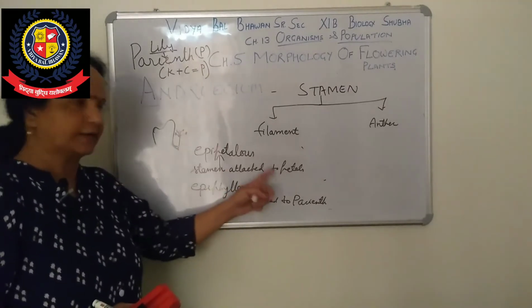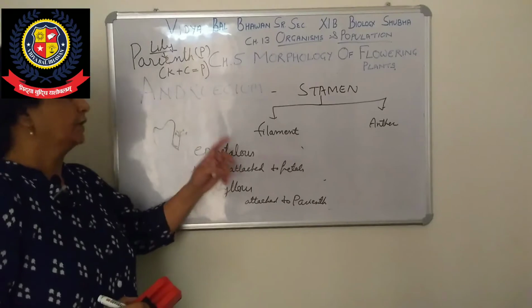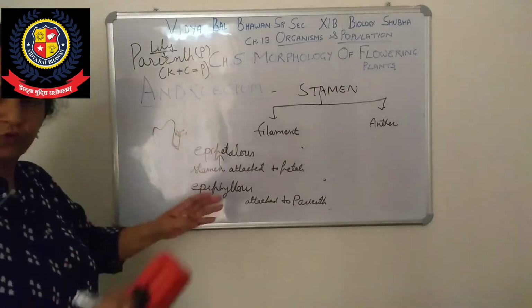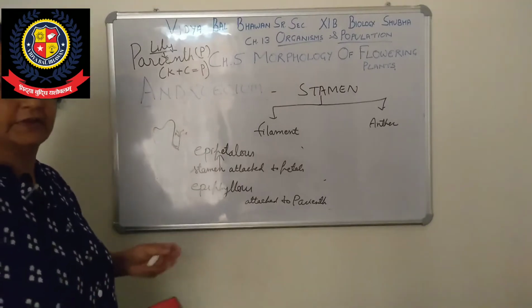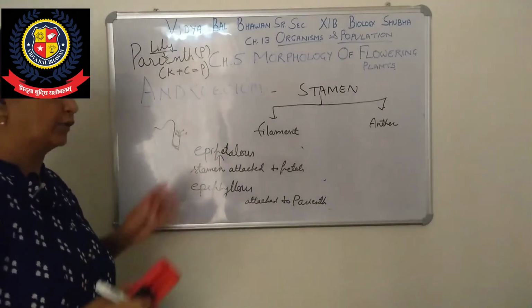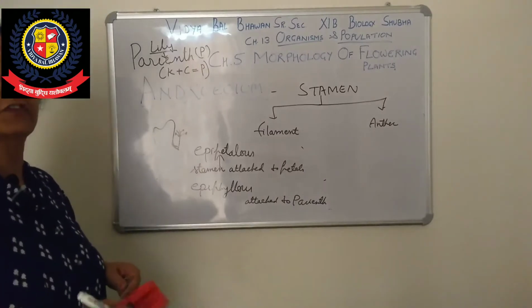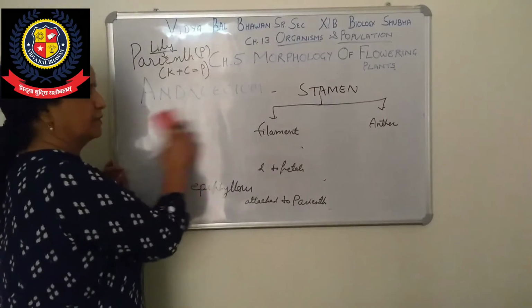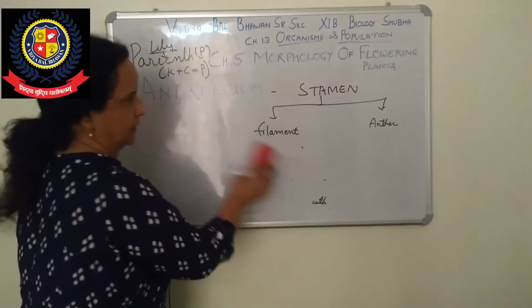When the stamen is not able to produce pollen grains, a sterile stamen, it is called staminode. When a unisexual flower has only the androecium, it is called a staminate flower. In the same way, if only the pistil is there, it is called a pistillate flower.